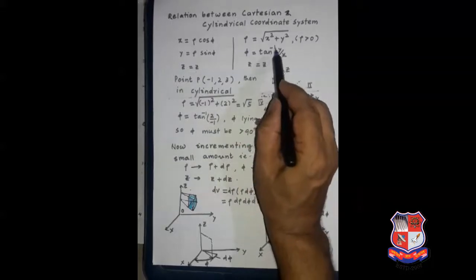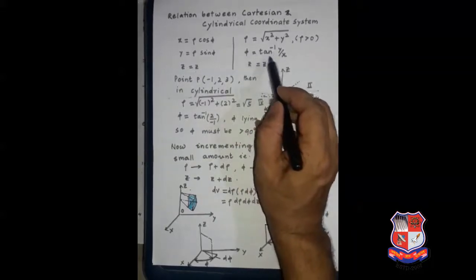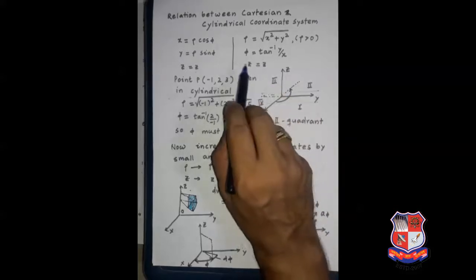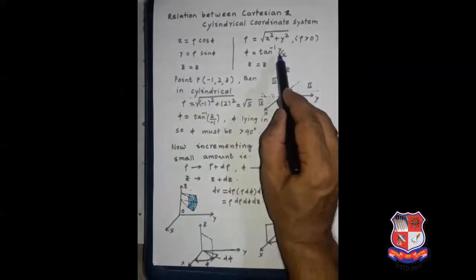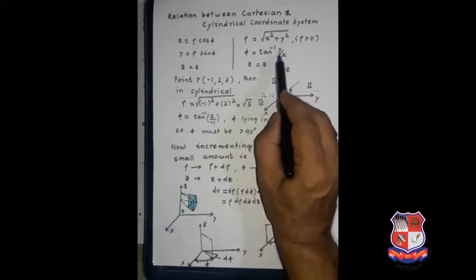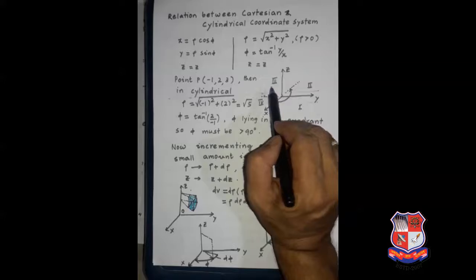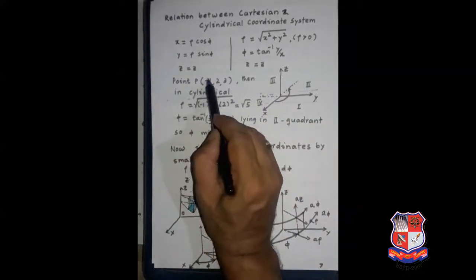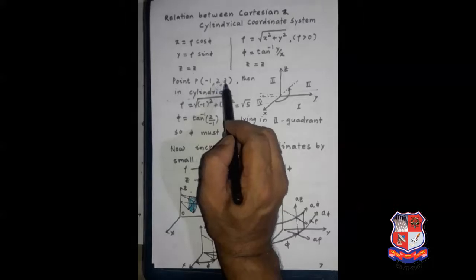So whenever you are finding the value of phi, the angle, we should always take care about the signs of the values of y and x. I have taken an example here. Let us give the point P having coordinates -1, 2 and 3.